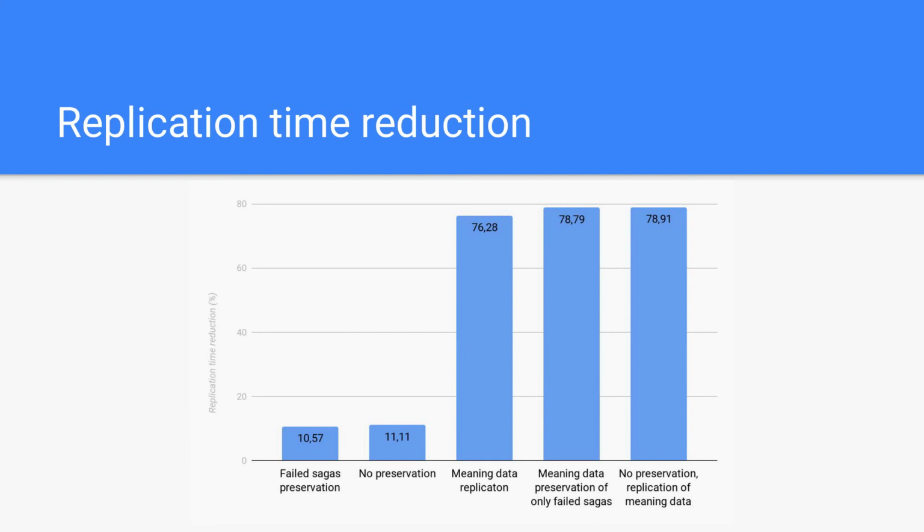On the other hand, network load reduction reduces replication time consumption the most, up to 79%. The impact of meaning data optimization is represented by the last three bars. They show that replication time consumption can be reduced up to 79%.